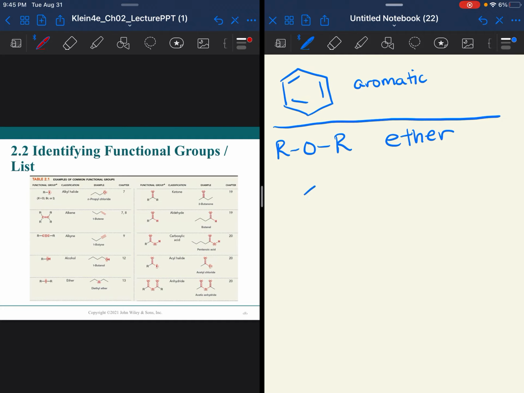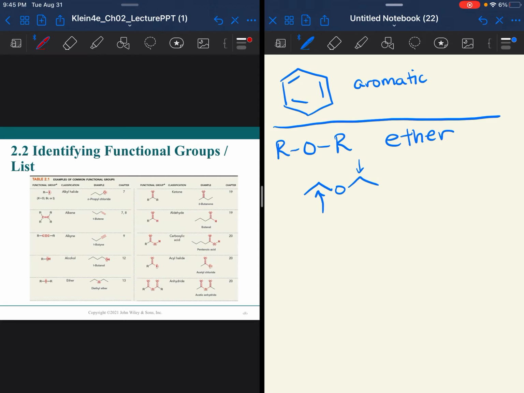So kind of your most basic types of ethers might look like diethyl ether, right, with 2 carbon chains on either side of the oxygen, but it doesn't have a hydrogen. That's an alcohol. Right? It doesn't have any sort of double bond directly on this carbon, on either side.